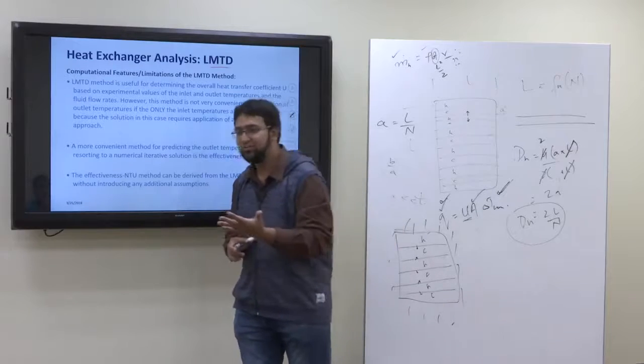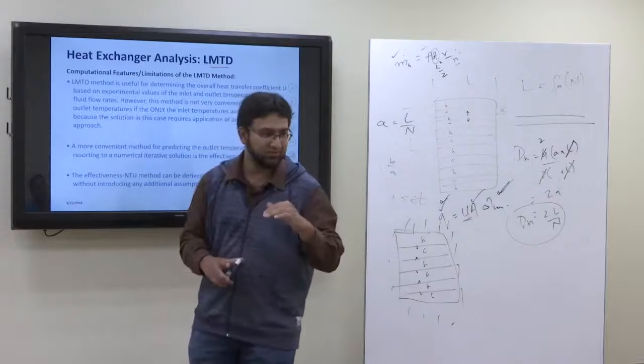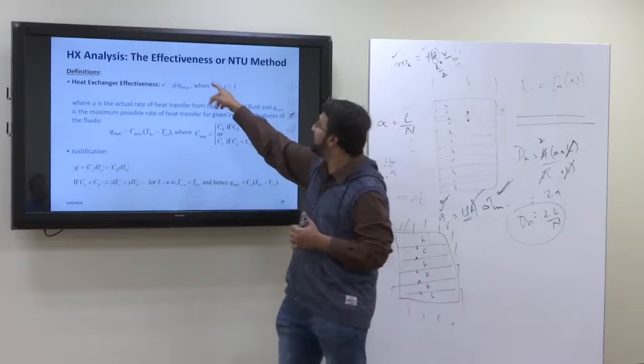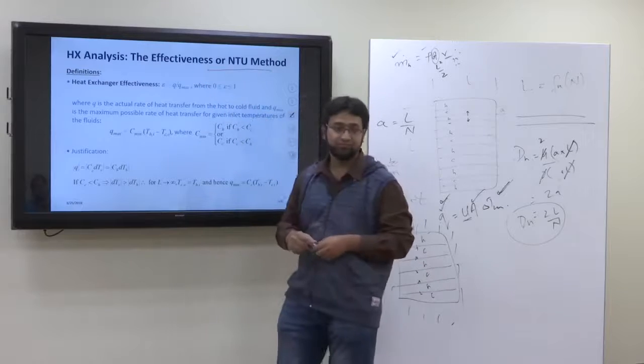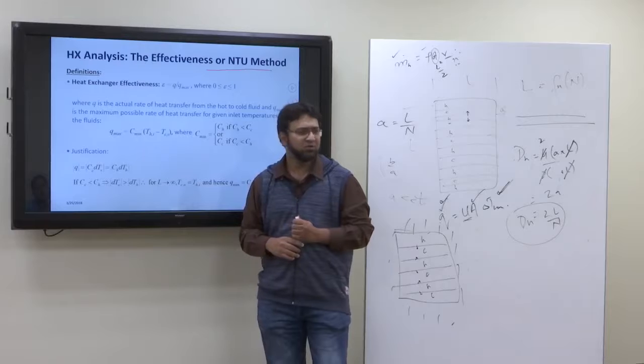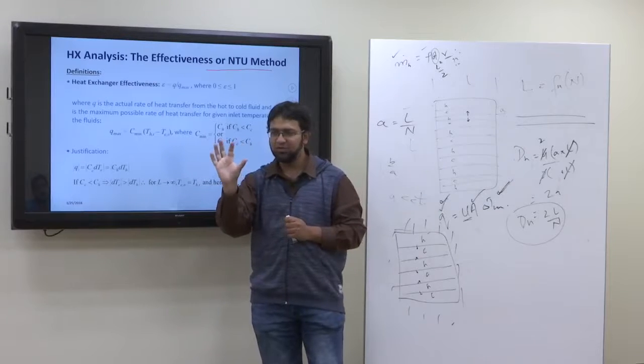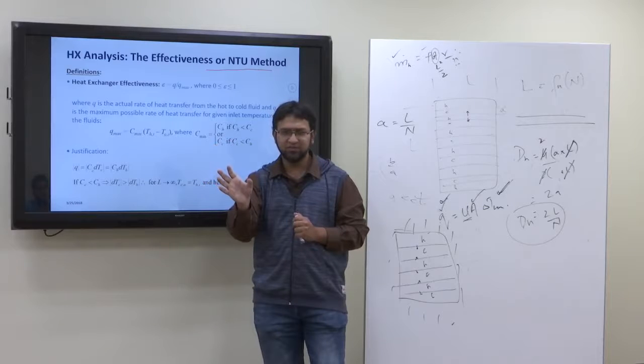Instead of using the LMTD method, we can go towards another method, and that is the effectiveness or NTU method. NTU is number of transfer units. At least you are aware of this terminology from chapter number 5, I think.